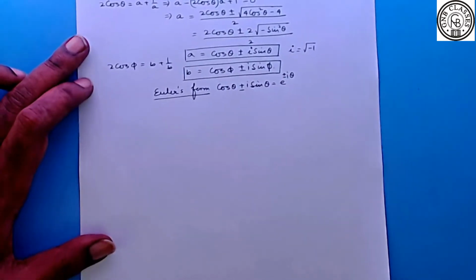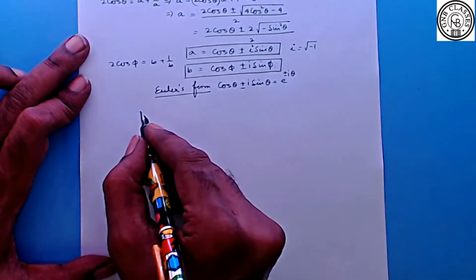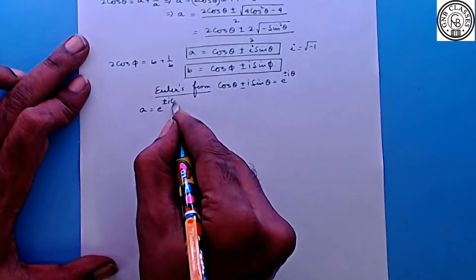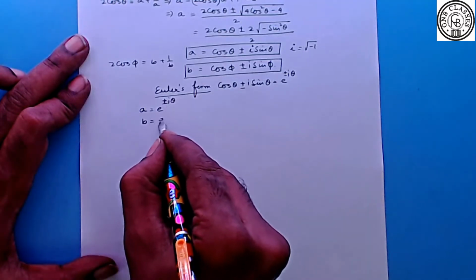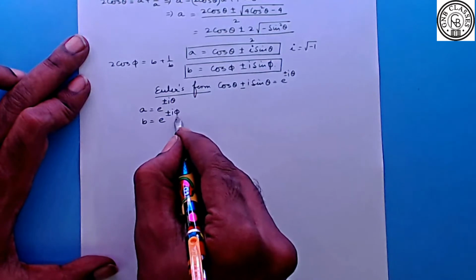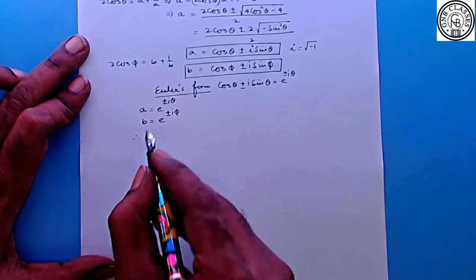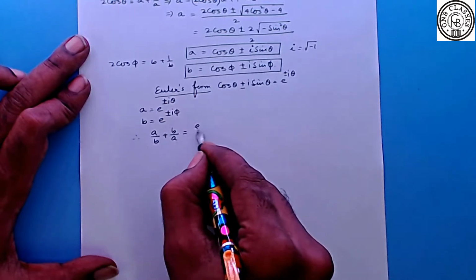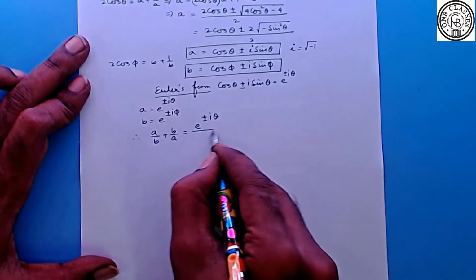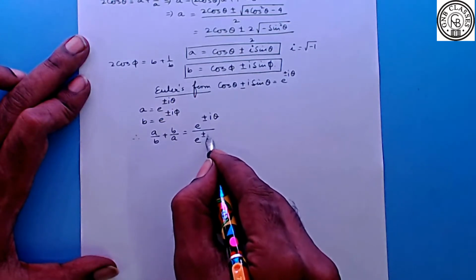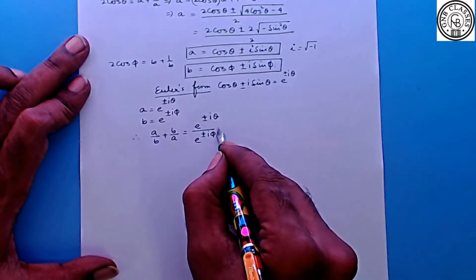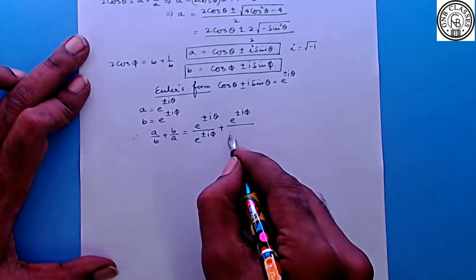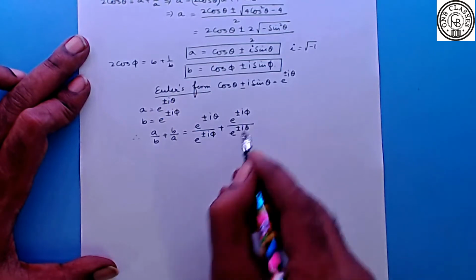Now, we can say that a is e to the power plus minus iota theta and b is e to the power plus minus iota phi. Therefore, a by b plus b by a will be e to the power plus minus iota theta divided by e to the power plus minus iota phi, plus e to the power plus minus iota phi divided by e to the power plus minus iota theta.